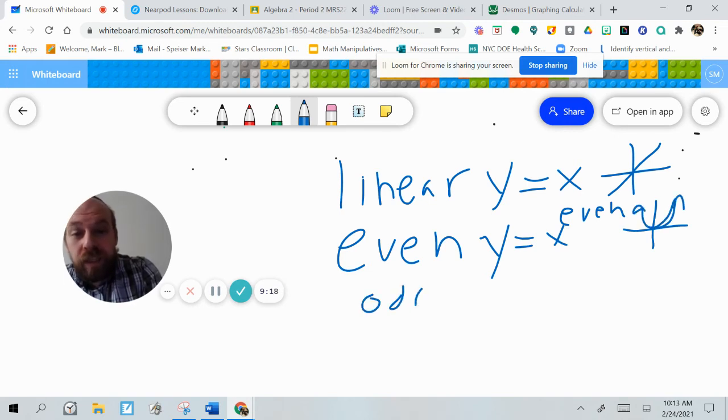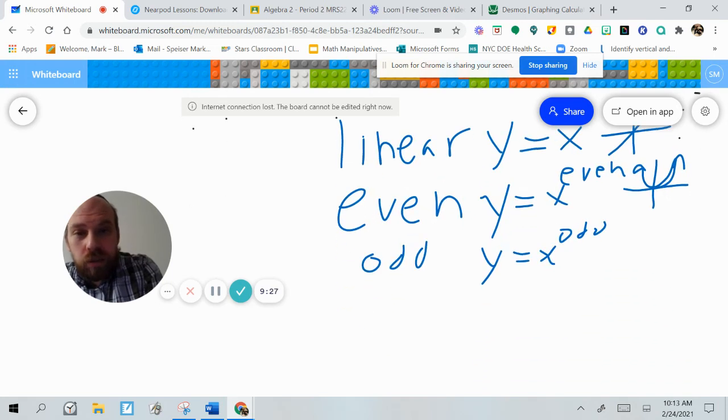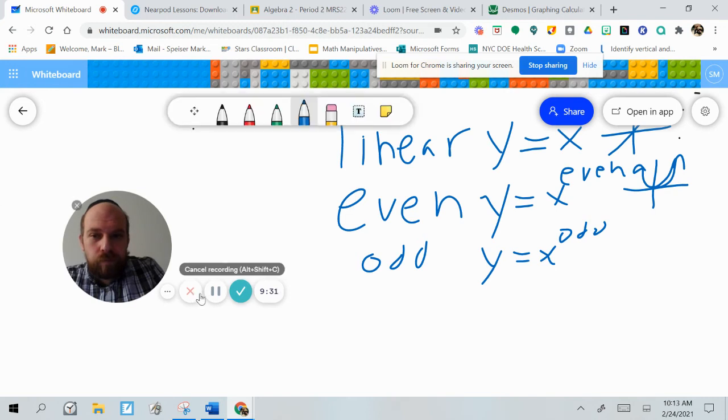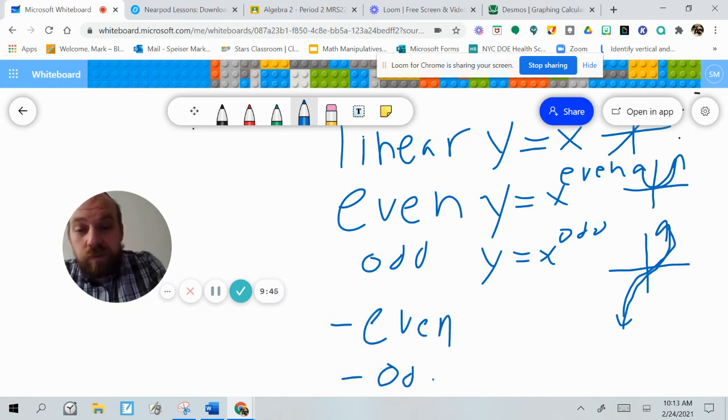Odd. It makes this S shape passing through the origin, as long as the power is not 1. Then you get negative even and negative odd.